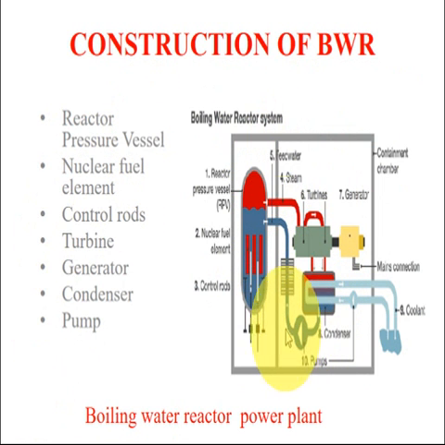So this is the typical arrangement of a boiling water reactor. This is a reactor consisting of fuel rods and control rods, and the light water enters the reactor, where it gets boiled due to heat generated by the nuclear reaction, and steam generated in the nuclear reactor is directly passed into the steam turbine for generation of power, as the light water is used as coolant, moderator, and also working fluid for the Rankine cycle.